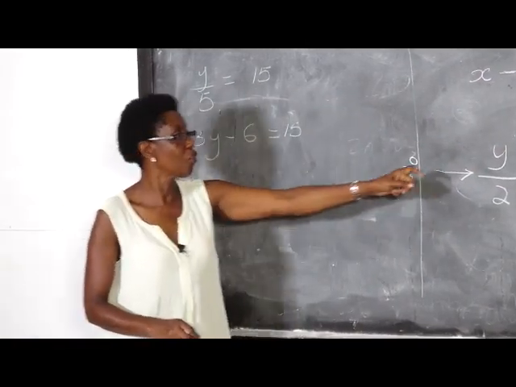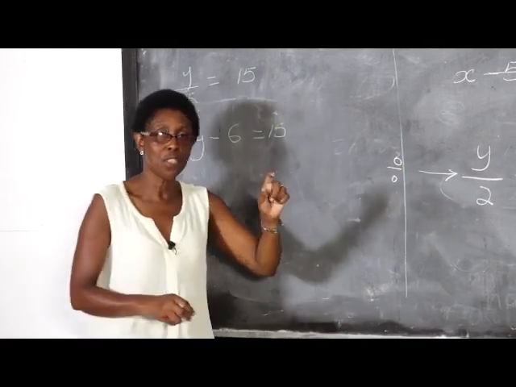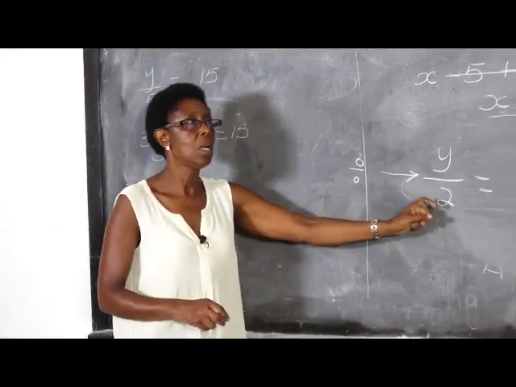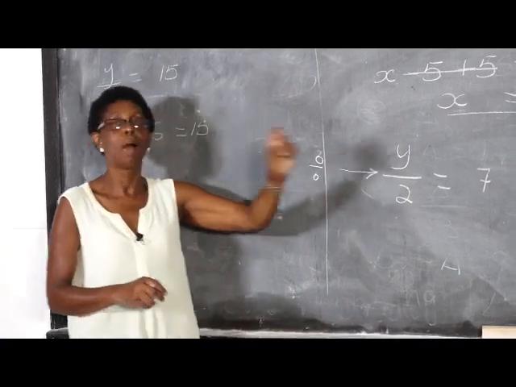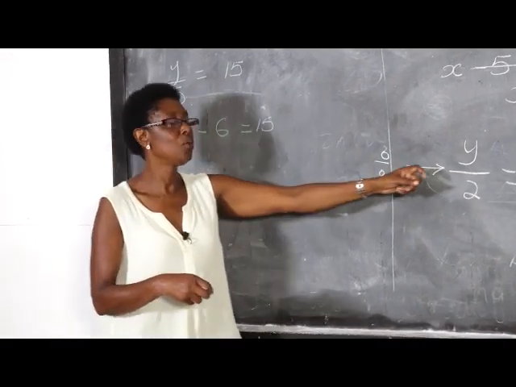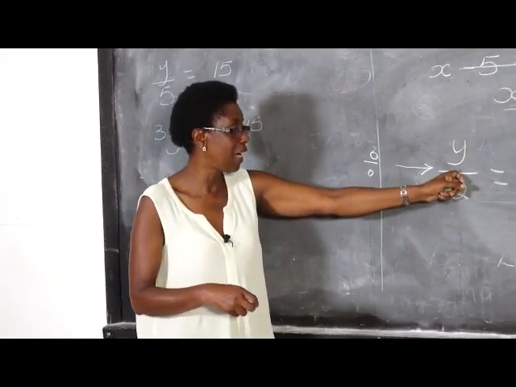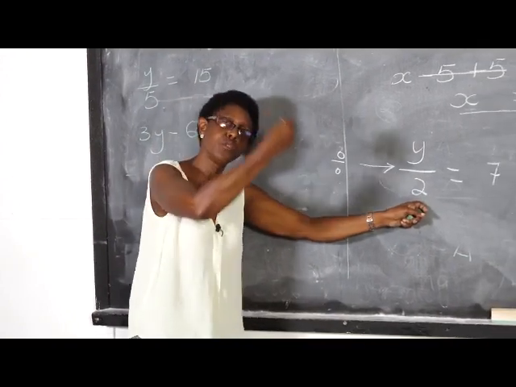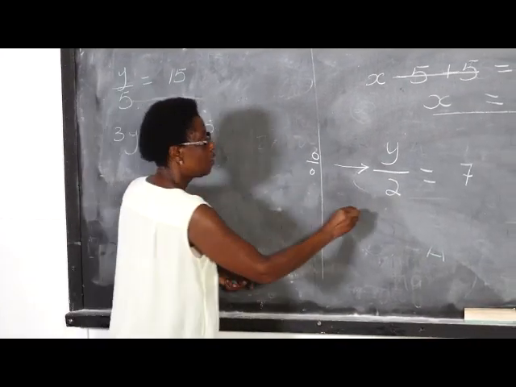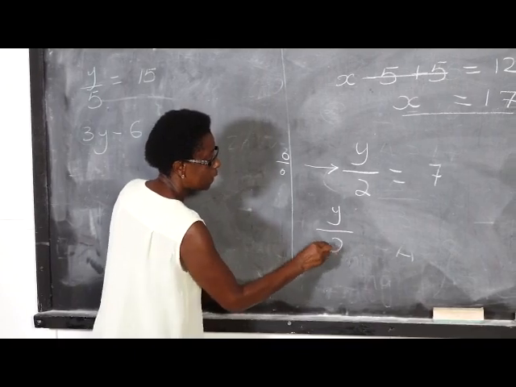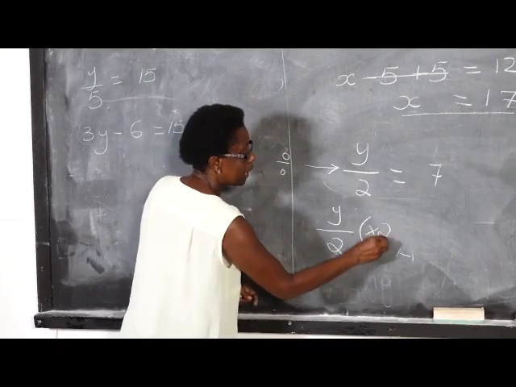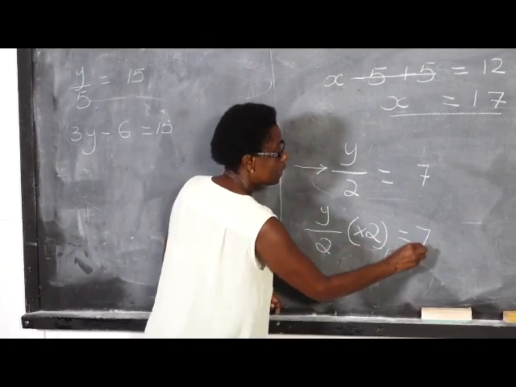What must go? The divide 2. Note, I haven't said only 2, I've said divide 2 must go. How? We do the inverse of divide by 2. And the inverse of divide is to multiply. So I've got y divided by 2 multiplied by 2 equals 7.